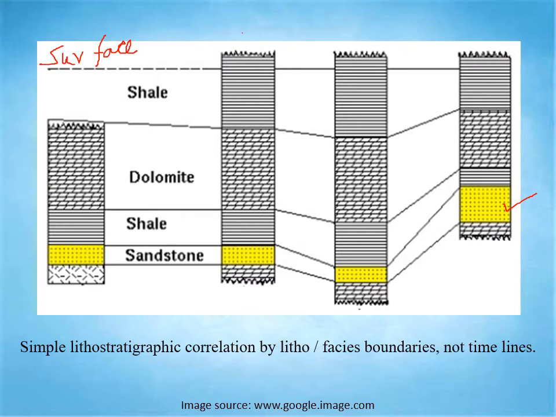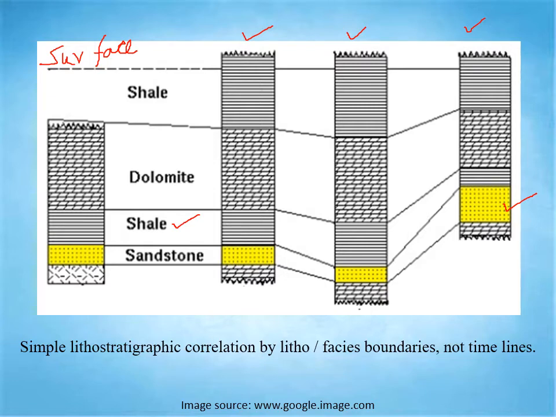Now, for these three columns, you can see that this yellow colored sandstone unit is bounded on its upper side by some shale layer. These horizontal lines indicate a shale sedimentary layer, whereas the lower lithounit of this yellow sandstone unit is a dolomite layer.